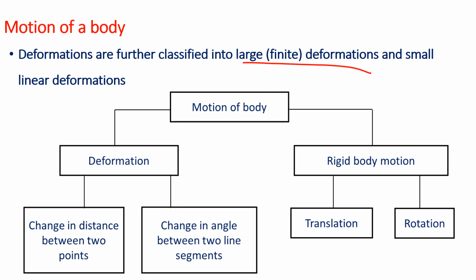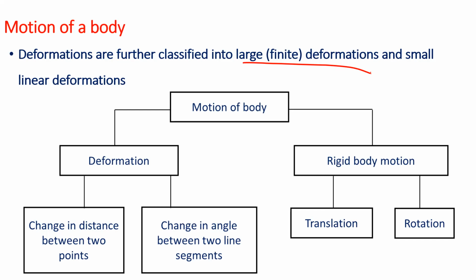You place a bunch of books on a shelf, the shelf does deform. It is not visible to the naked eye, but it does deform a bit, the calculations of which you have seen in strength of materials. So those kinds of deformations are called small linear deformations. They're small and they're also linear.